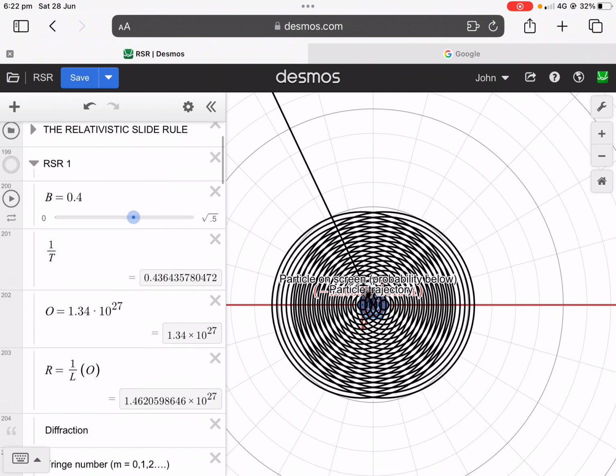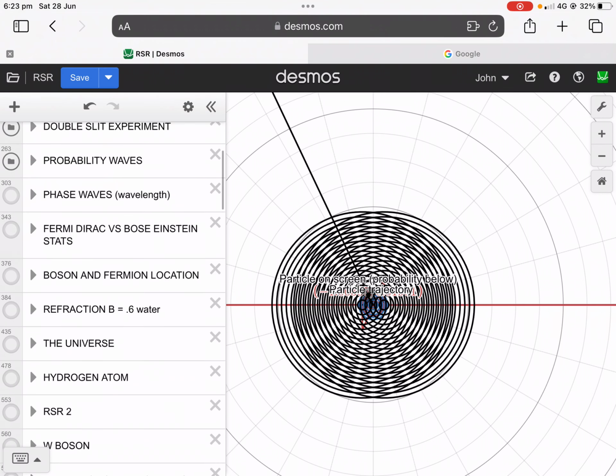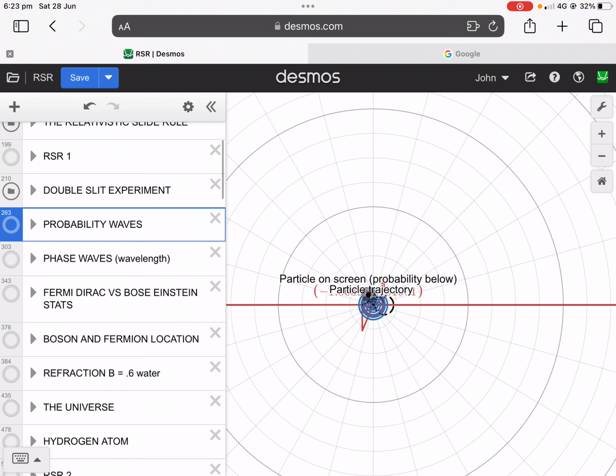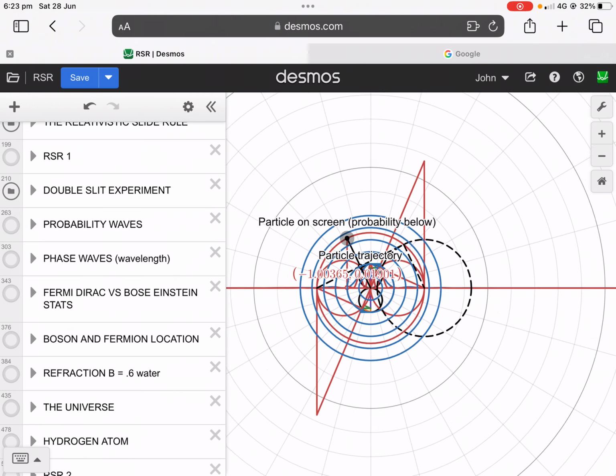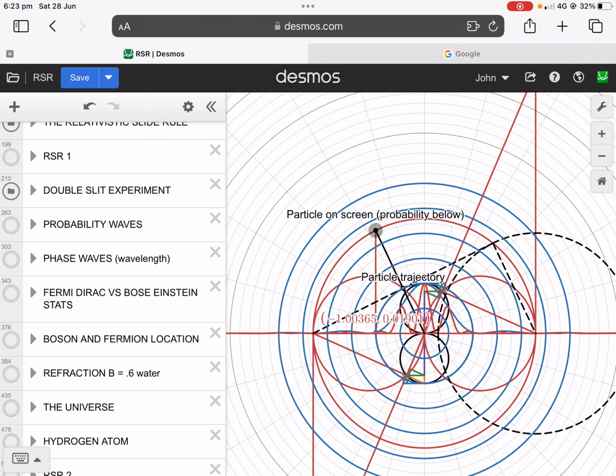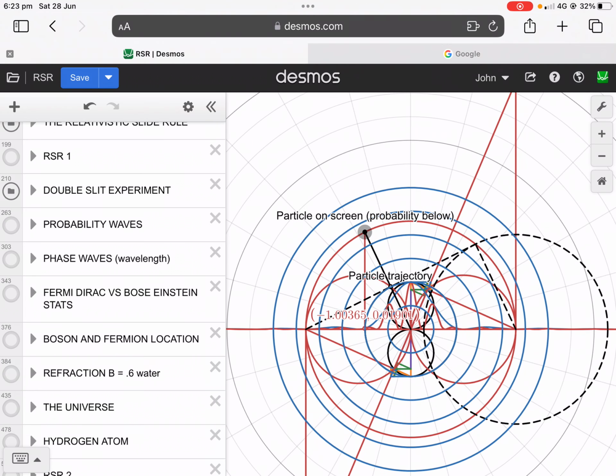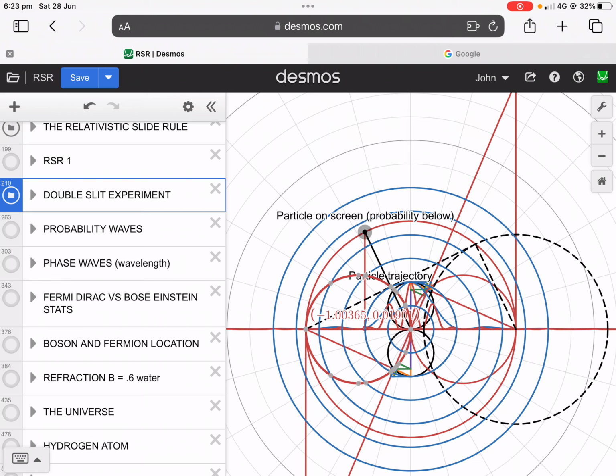Let's get rid of the probability wave, because I don't really need it. Instead, I'm saying that the particle makes quantum leaps, just like energy levels. And you can see here I've got my T function, and these quantized blue circles go from 0.5 to 1 to 1.5 to 2, and where they cross the T function, the particle is allowed.